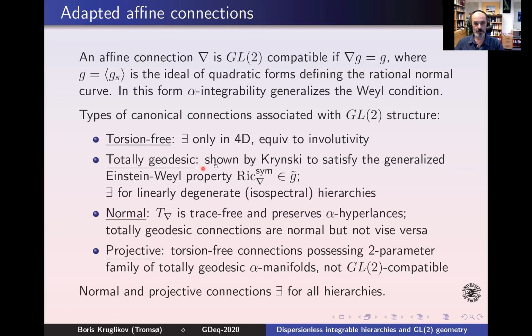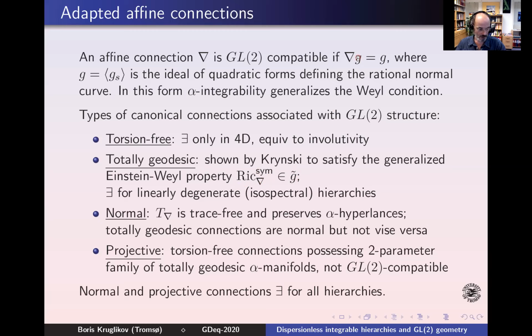It was shown by Krynski that this condition implies the Einstein-Weyl property. If you take for this connection a Ricci tensor, for a general affine connection it need not be symmetric, so we have to symmetrize it. And then this belongs to the span, but not of G, but of G dual.